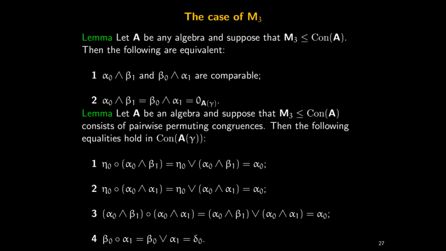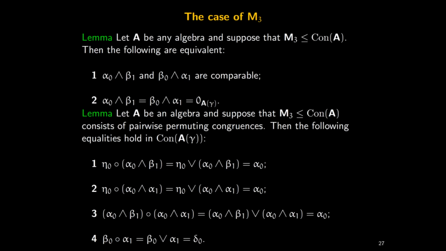This was because, of course, the hypothesis that we had was about pairwise permuting congruences. So we suppose that our copy of the M3 that we consider in our algebra has pairwise permuting congruences.